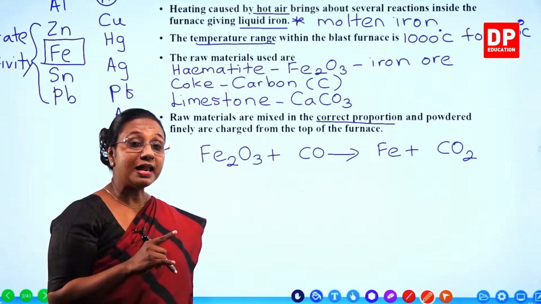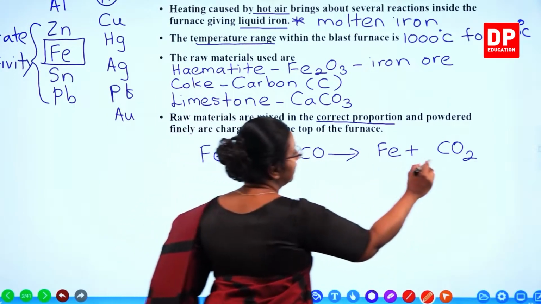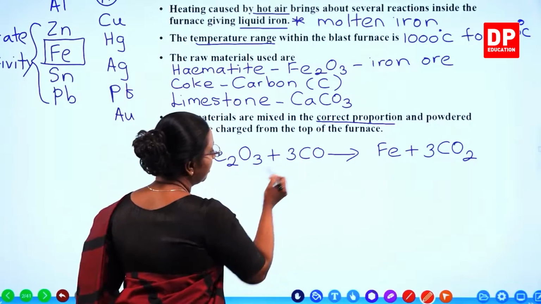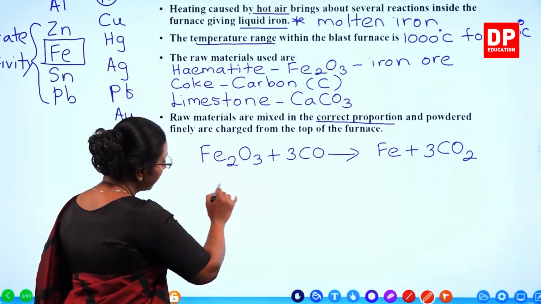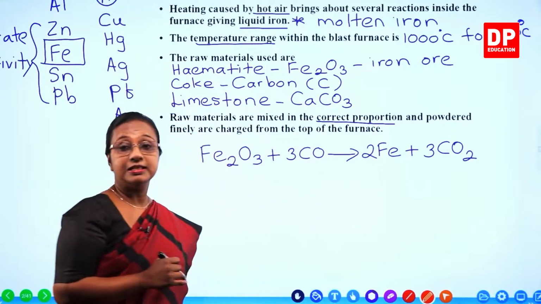Can you all remember the balanced chemical equation? Because we have O3, there will be 3 CO2 produced. So to get that, we need 3 carbon monoxide, and since there are 2 iron atoms here, we will get 2 iron there.